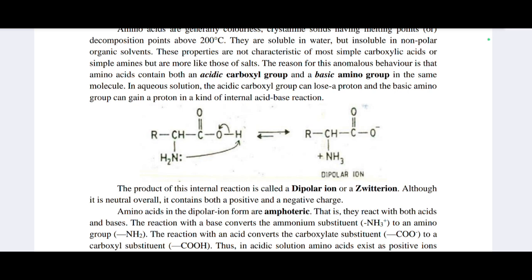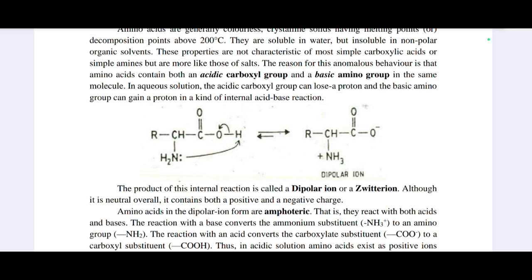One proton is released from the carboxylic acid and one proton attaches to the amine group, converting it into an ammonium cation. This kind of dipolar ion, in which both positive and negative ions are present in the same molecule, is called a zwitterion.